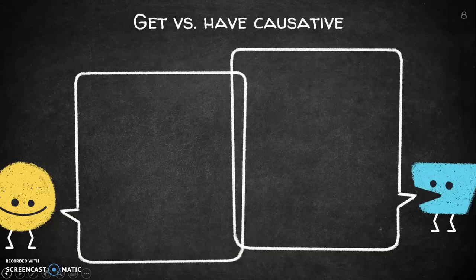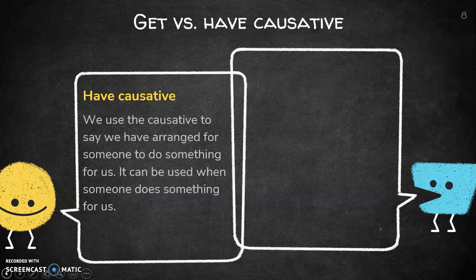Now let's talk about the use of get in causative forms. Remember that causative is another example of passive voice. So let's have a reminder about the causative. The have causative, or just known as causative, is a type of language expression that we use in English in order to talk about things that are done by someone else different to us.